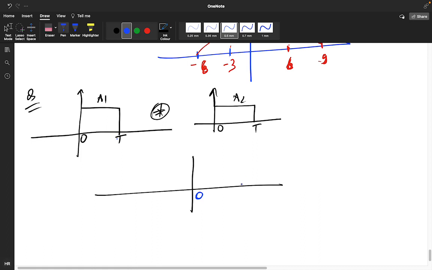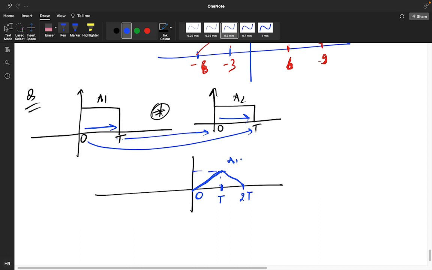T plus t, 2t. T plus 0, t will come. And 0 plus t, t will come. So the slope will increase like this, and it will decrease like this. That's it, if both widths are the same. And what will be the point of this? a1, a2, this t minus 0. So t.